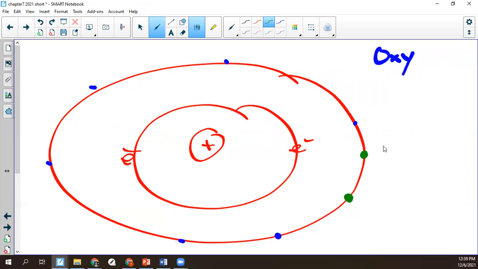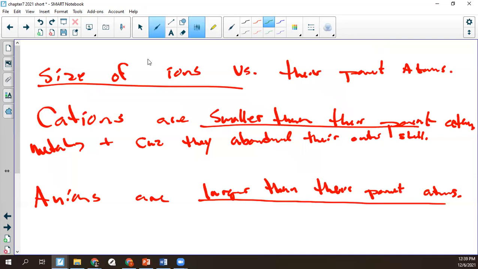There's more electrons that do what to each other? They repel. Okay. This term, it's short. It is called electron repulsion. Anions are larger than their parent atoms because of electron repulsion.